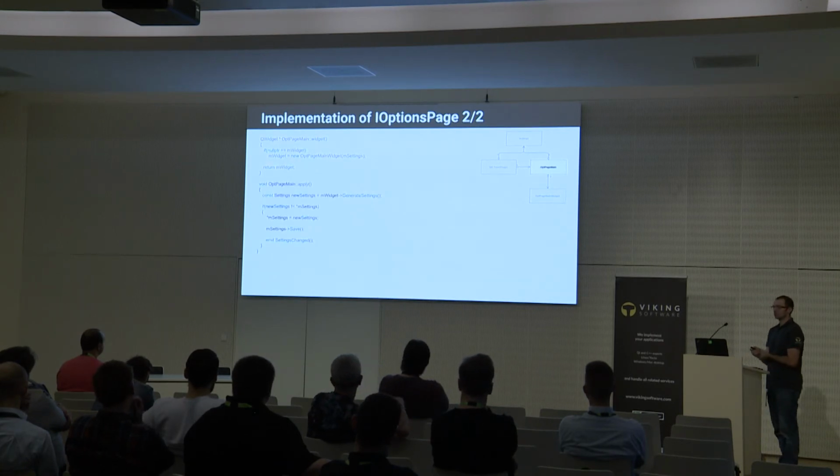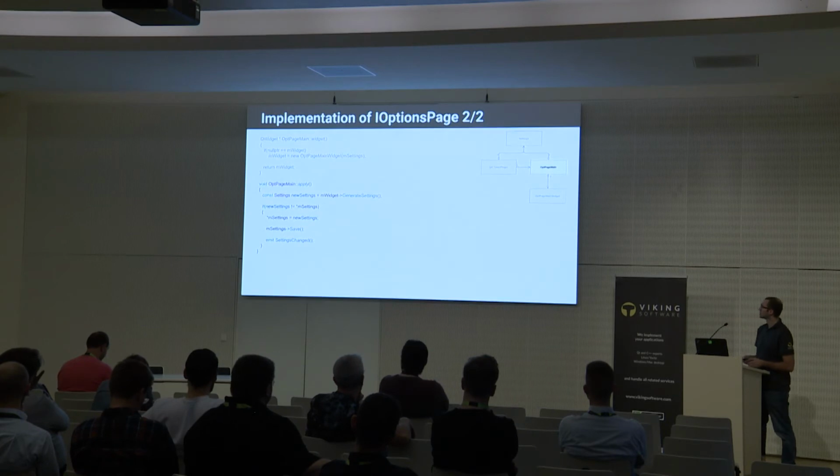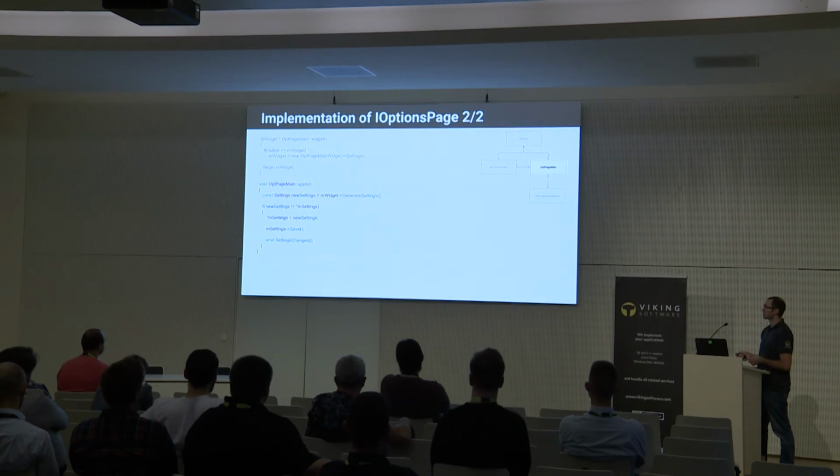The apply function is called when the user accepts the settings, pushing apply or OK. And basically what you do, you get the values from the widget. This is a way of doing it, of course. You can do it differently, but this is pretty standard as well. You generate a new settings object.